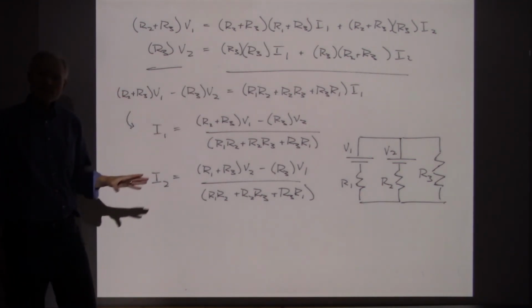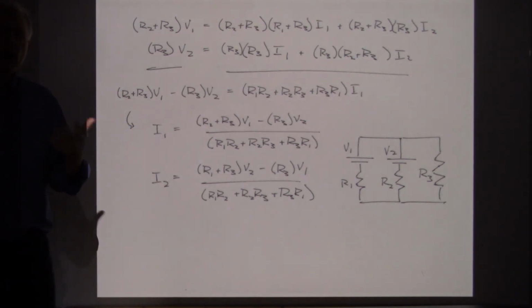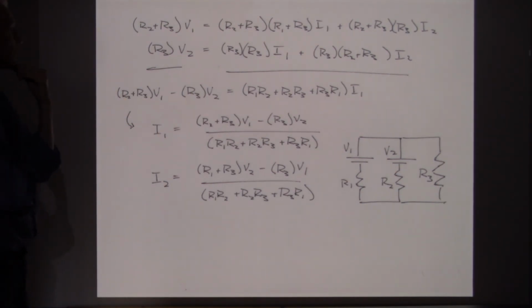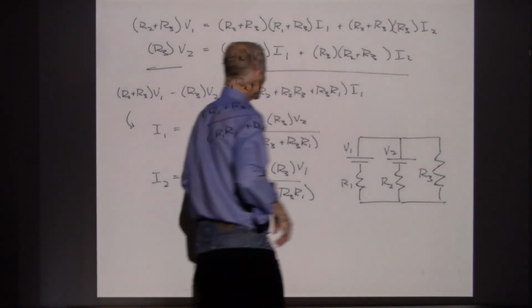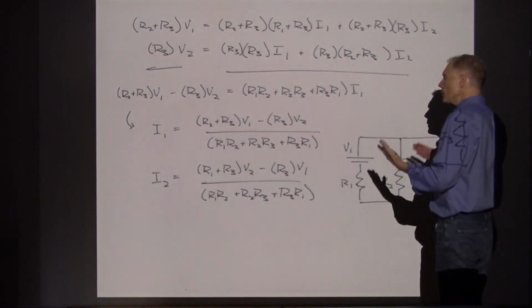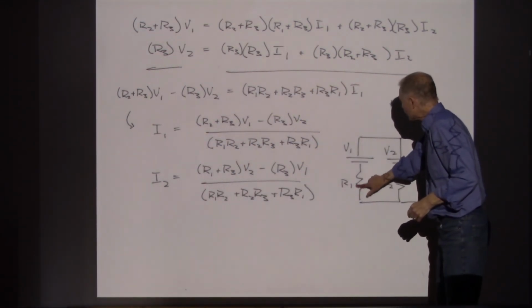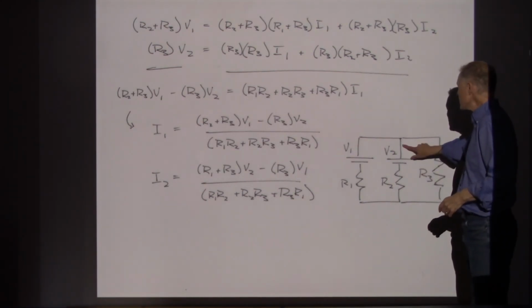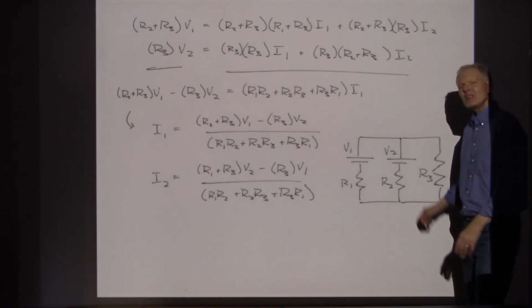Now, the algebra was miserable, I know. What's nice about the algebraic approach is now we can answer the question: are we guaranteed that current 1 is going in this direction and current 2 is going here? Well, let's take a look.